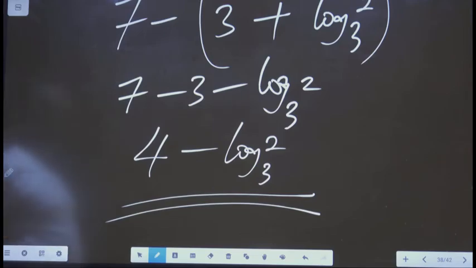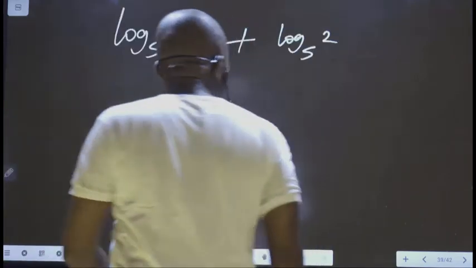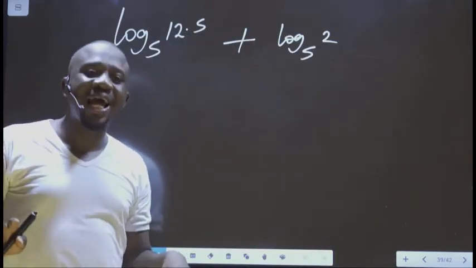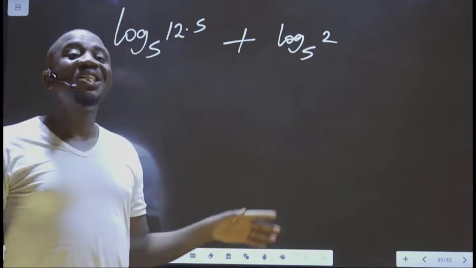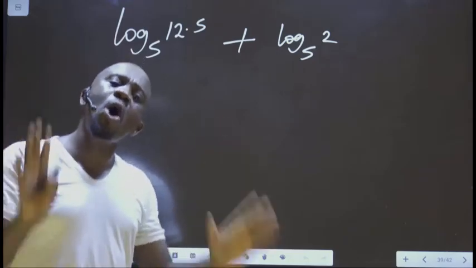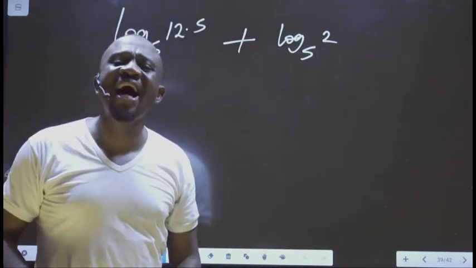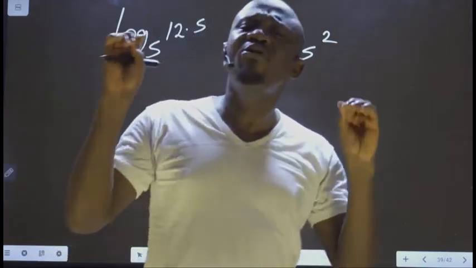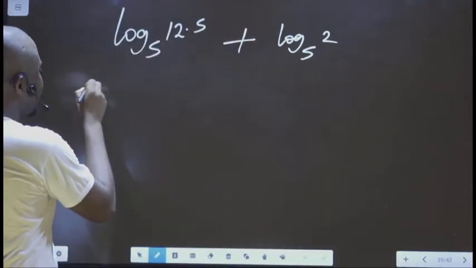You understand? Very easy. Any question you are given, don't panic. Just do it one after the other. What is 12.5? It means 125 over 10. That is the first step.